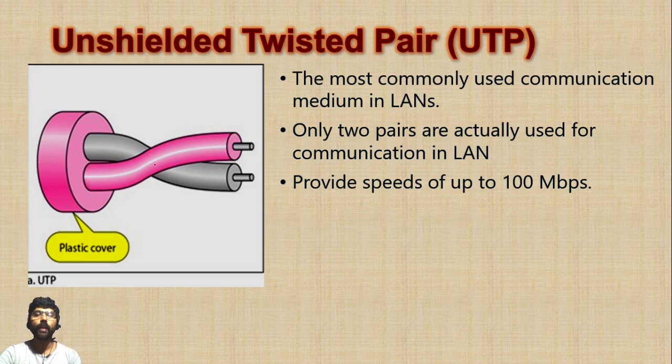Only two pairs are actually used for communication, for receiving and transmitting. This type of unshielded twisted pair provides data transfer rates up to 100 megabits per second.